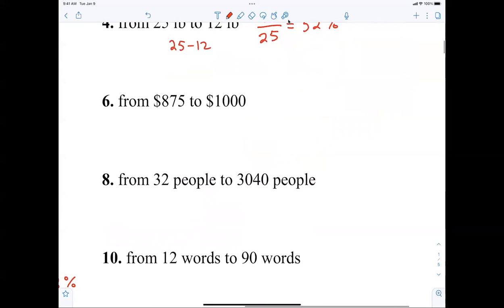All right, Forrest, what am I doing on number 6? Okay, so you subtract those and it'd be 125. 125. And then that 125 over 870. Thank you, sir.